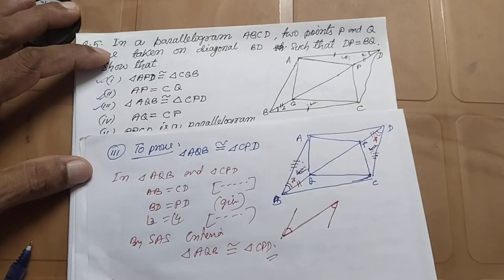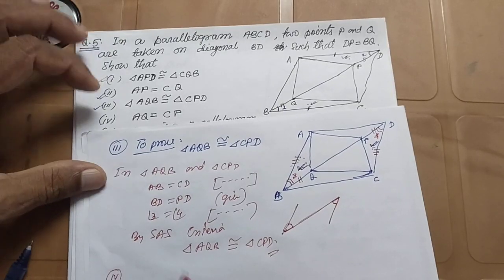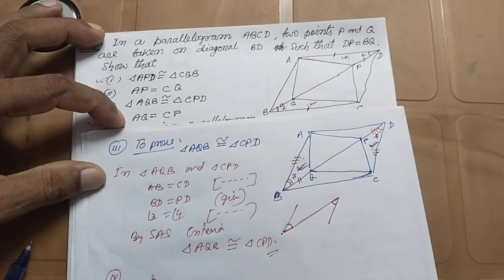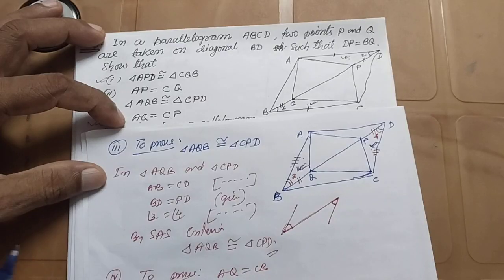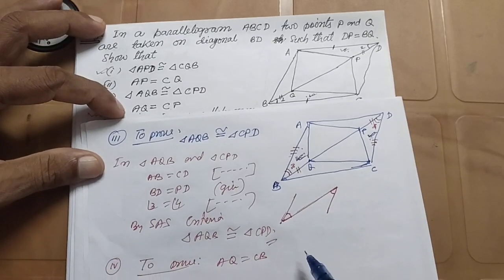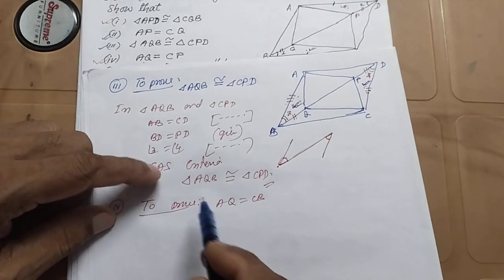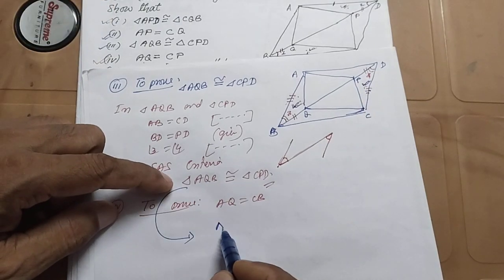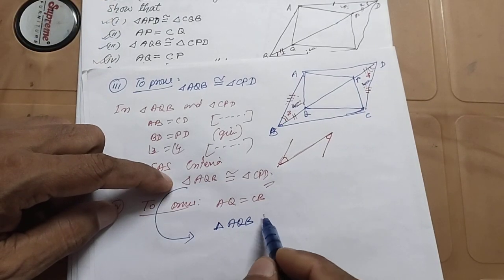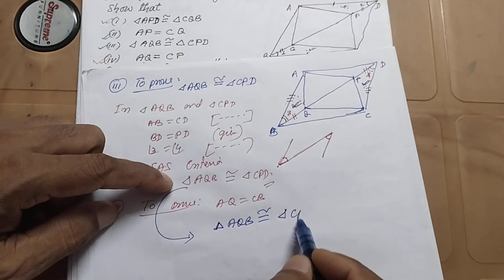And the fourth is to prove AQ equal to CP. And we have already proved this triangle congruent. We have already proved triangle AQB congruent to triangle CPD.